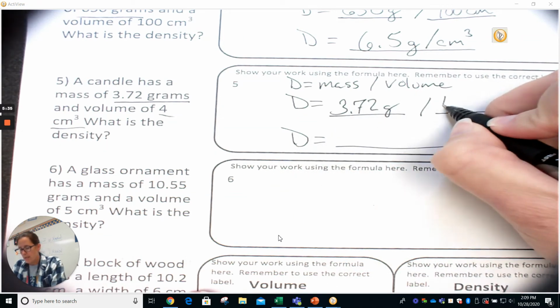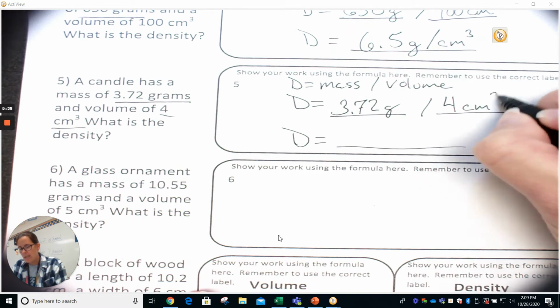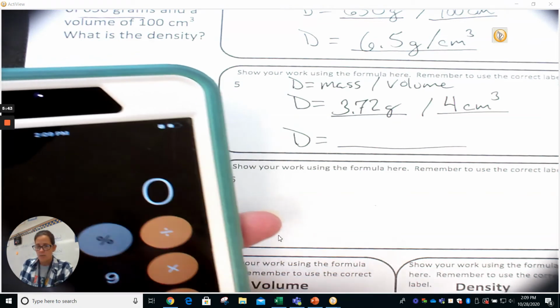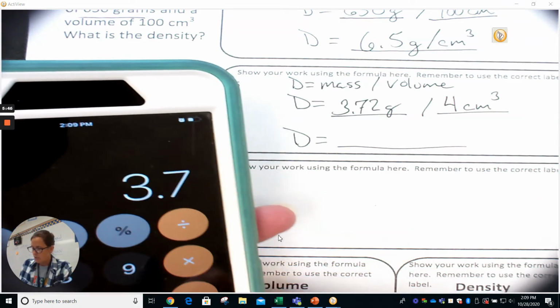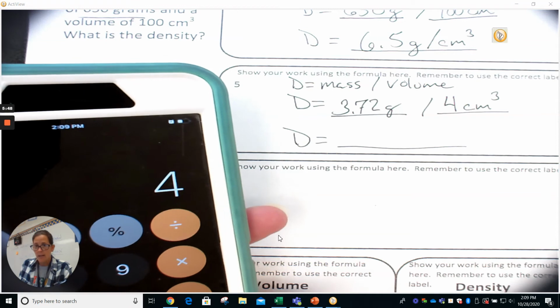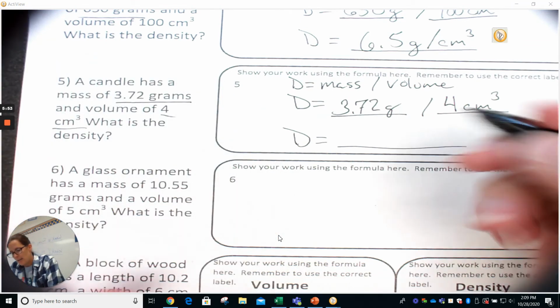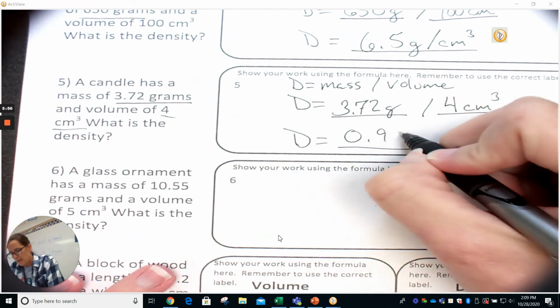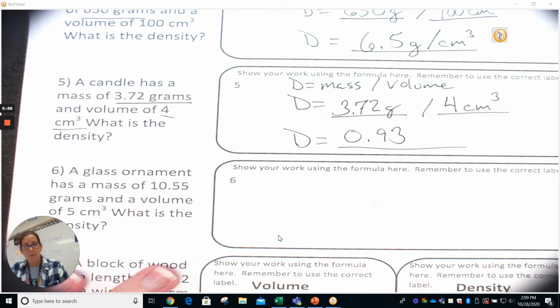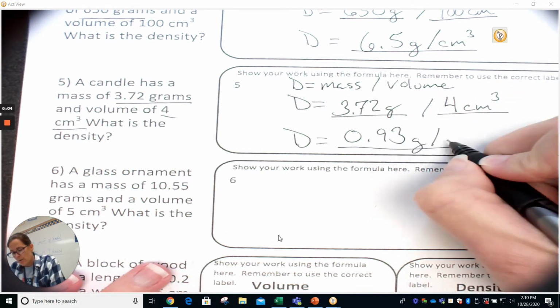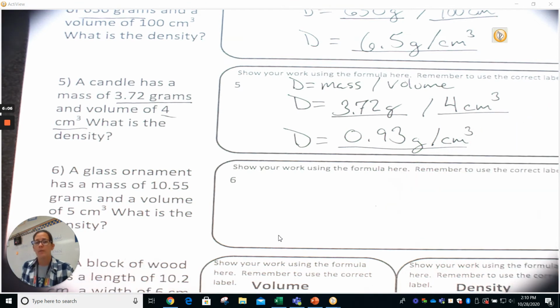And then our volume is 4 centimeters cubed. So we'll do the same thing. We're going to plug it into our calculator. So we have 3.72 divided by 4, and that equals 0.93. So I'm going to write this down right here, 0.93, and then I'm going to bring my units down because this is science, and we need our units, grams per centimeter cubed. Okay, so our answer here is 0.93 grams per centimeter cubed.